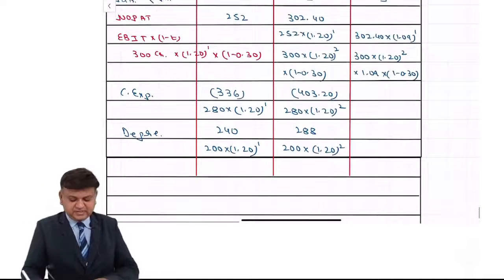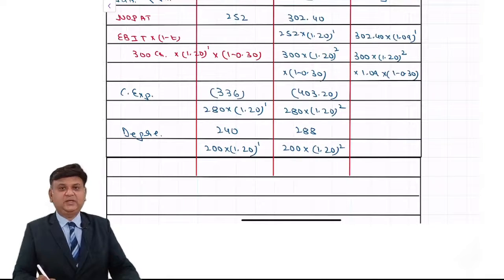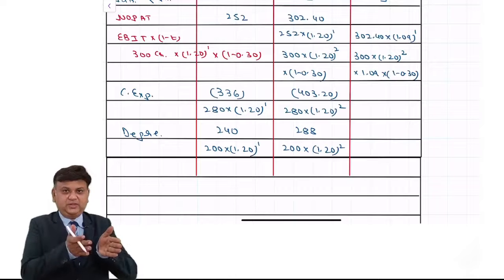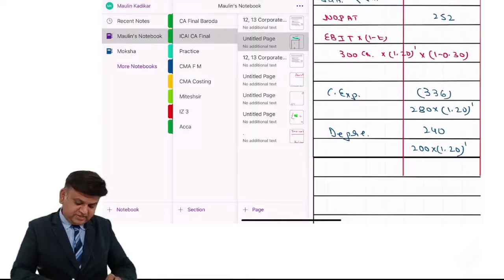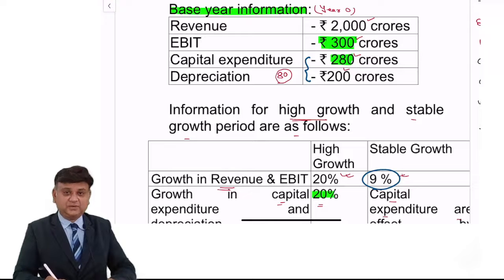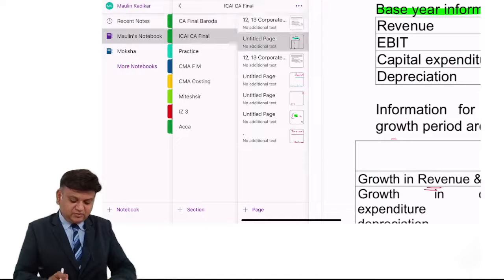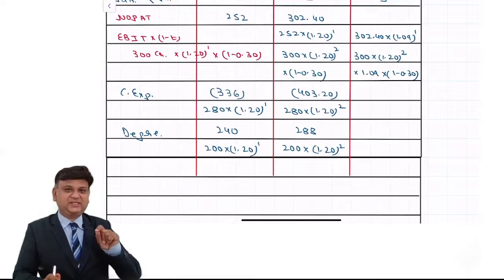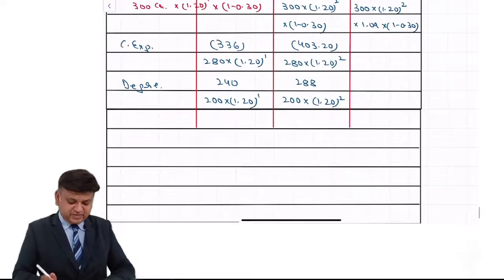Now understand carefully what I am going to say. 280 minus 200: you can see that in the base year there is a capital expenditure of 80 crore net of the depreciation. 80 into 1.2 comes to 96. That is the cash outflow at the end of year 1.